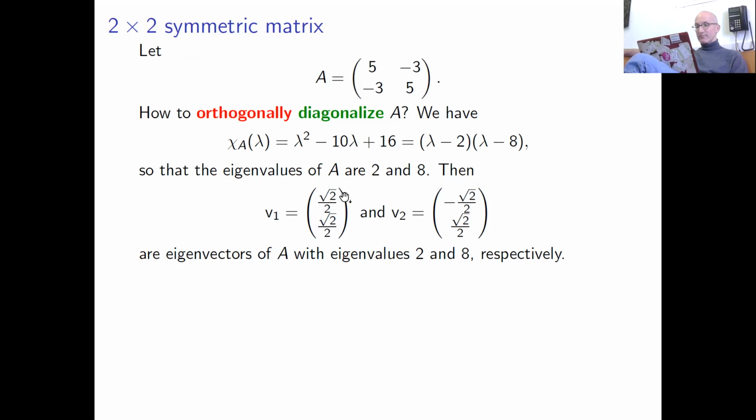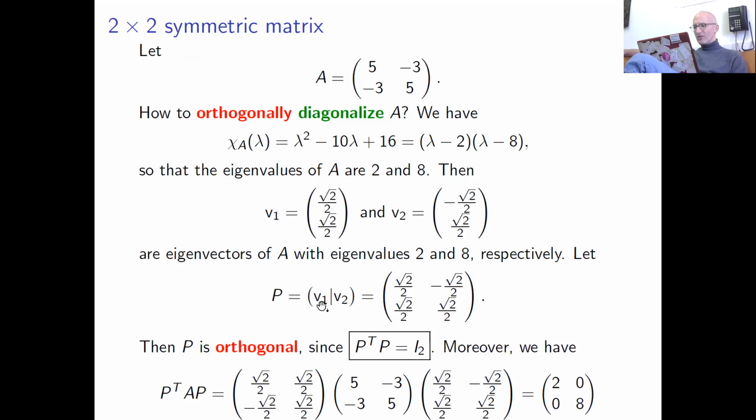So we scale them like this. We found these two representatives. And you see they are orthogonal and they have length 1, so they are orthonormal. So we form the matrix P out of them. We put this vector as the first column of our matrix, and this vector as the second column.